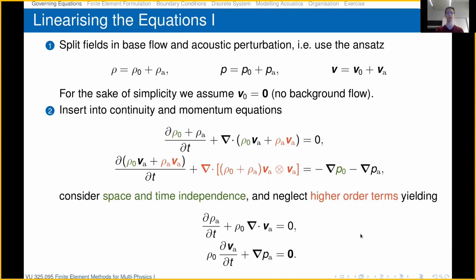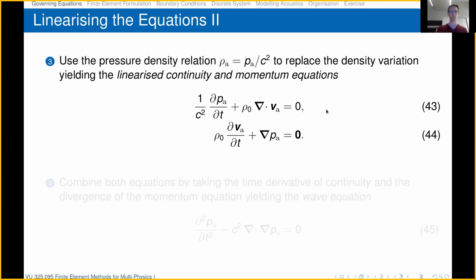So we need our equation of state to relate pressure and density, our state variables. So that's the next step. We insert our pressure density relation, which can be given as the acoustic density variation is equal to the pressure variation over the speed of sound squared. We'll see just in a minute how to derive this relation.